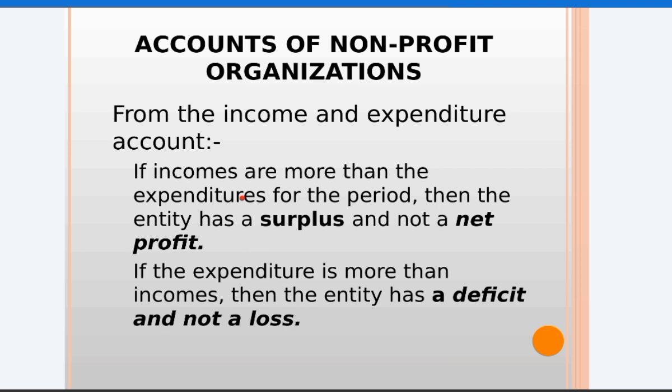But if in a non-profit making organization their income is more than expenditure for a particular period, then the excess is a surplus. If it was a profit-making organization, then we will have a net profit. So instead of a net profit, a non-profit organization in its income and expenditure account will declare a surplus.